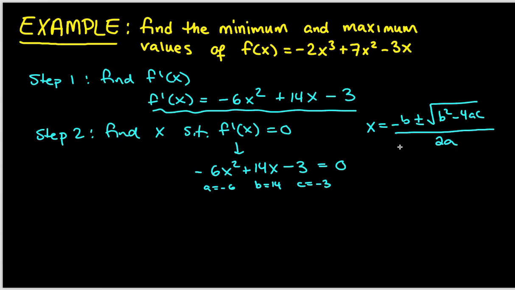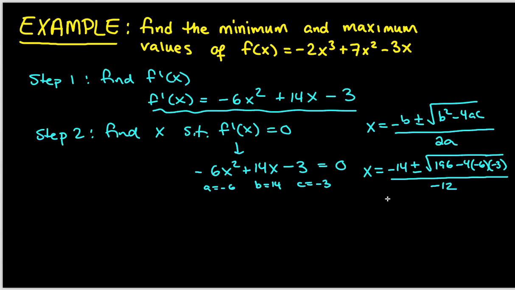So here the solutions are x equals negative 14 plus or minus the square root of 14 squared, so 14 squared is 196, minus 4 times a, which is negative 6, times c, which is negative 3, all over 2 times a, so that's negative 12, because 2 times negative 6 is negative 12.